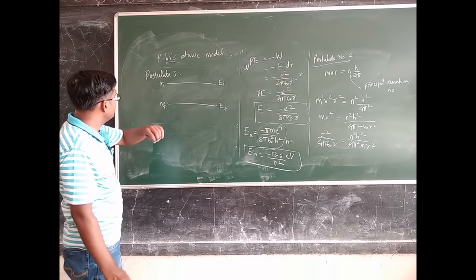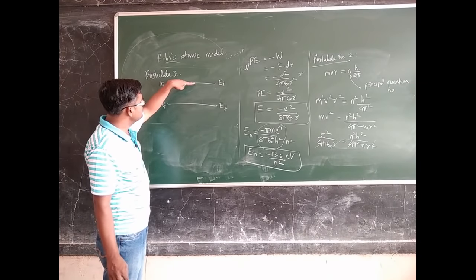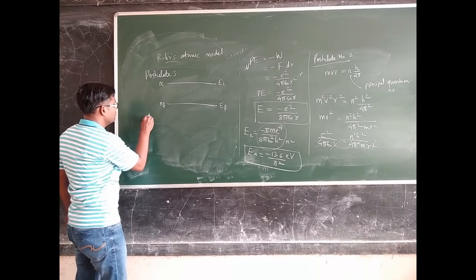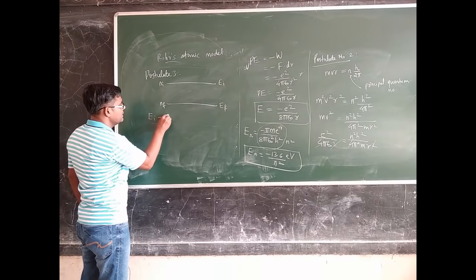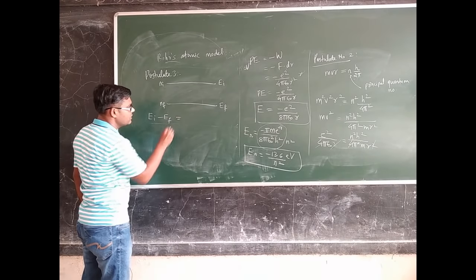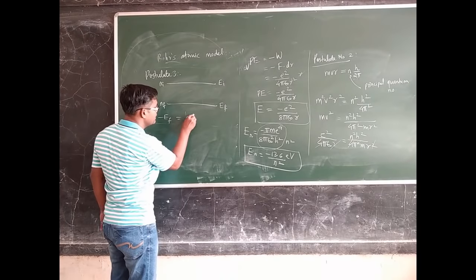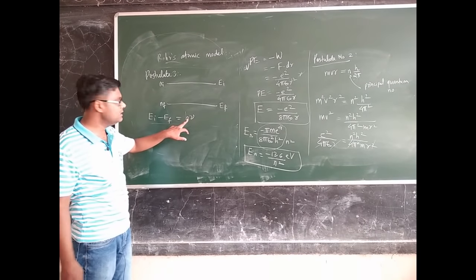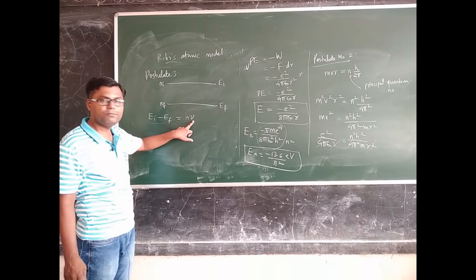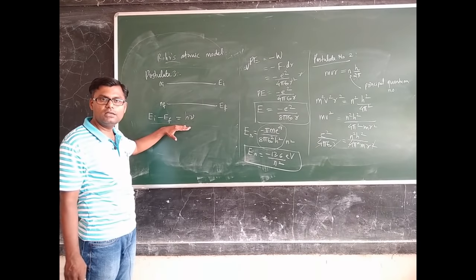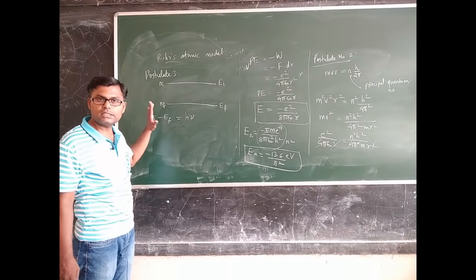Now whenever the electron jumps from the initial level to the final level, the difference in the energy level is Ei minus Ef, and this difference will be emitted in the form of electromagnetic radiation having energy h nu, where h is the Planck constant and nu is the frequency of the emitted radiation. So this is a very important formula, given by postulate number 3.